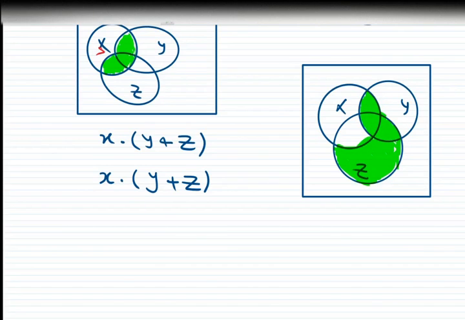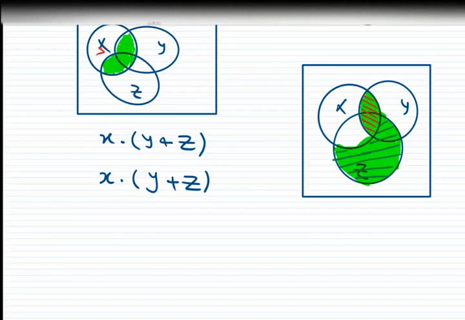So we divide this space into two regions, and one of them is the common area between x and y, and the other one is the area which is part of z but not part of x. So we divided it into two areas.